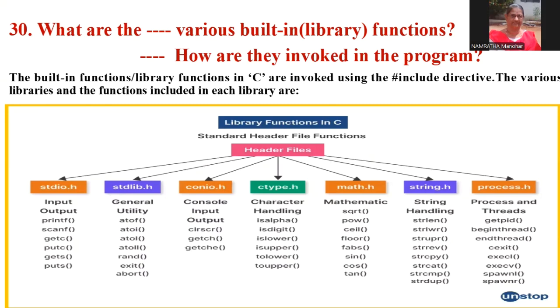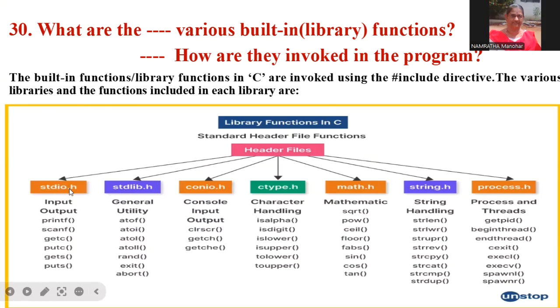Like I have explained to you the various types of header files in my previous episode also. So here in C we have stdio.h, the standard library stdlib.h, console input output conio.h, ctype.h, where ctype stands for character type, math.h, string.h, process.h.